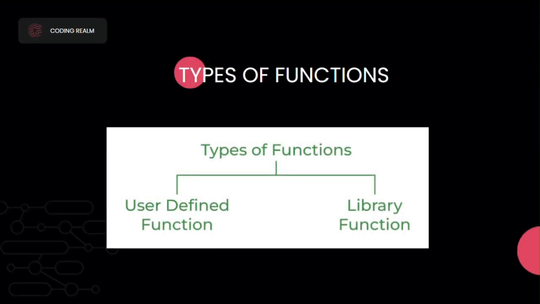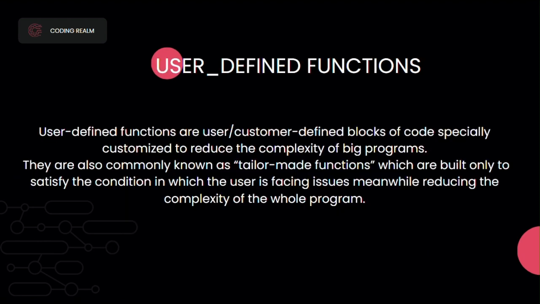In the C++ language, we have two types of function. The first type is the user-defined function and the second is the library function. Now let's see the difference between them. First, user-defined functions. User-defined functions are user-defined blocks of code specially customized to reduce the complexity of big programs.